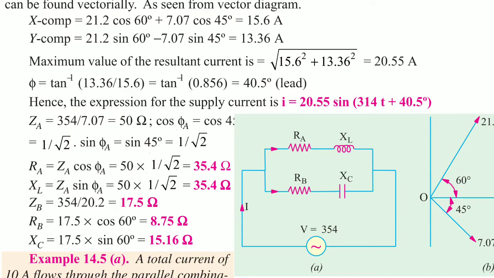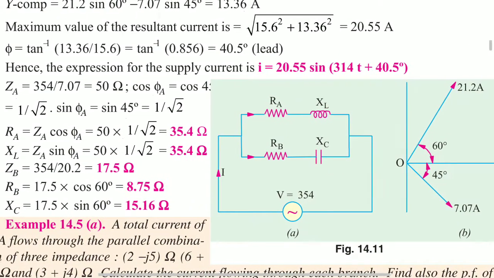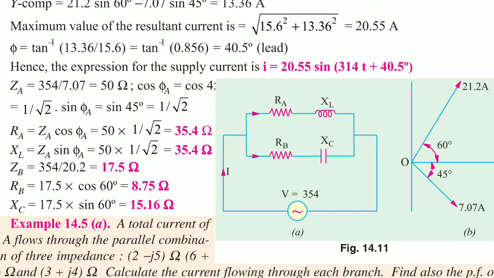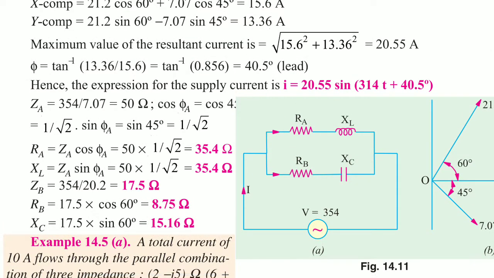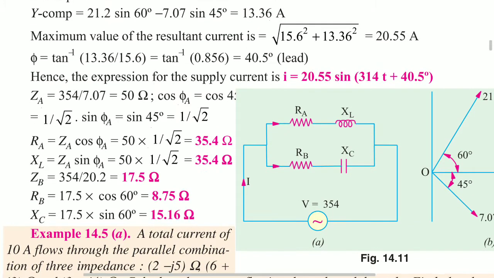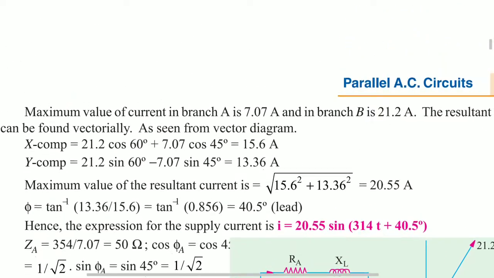Similarly, X_C is 17.5 into sin 60, which gives 15.16. So now the resultant current is 20.55 at a leading angle of 40.5 degrees, and R_A, X_L, R_B and X_C are determined from the given data.